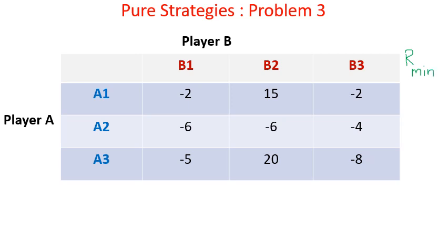The minimum here is -2, the minimum here is -6. In this row, the minimum is -8.